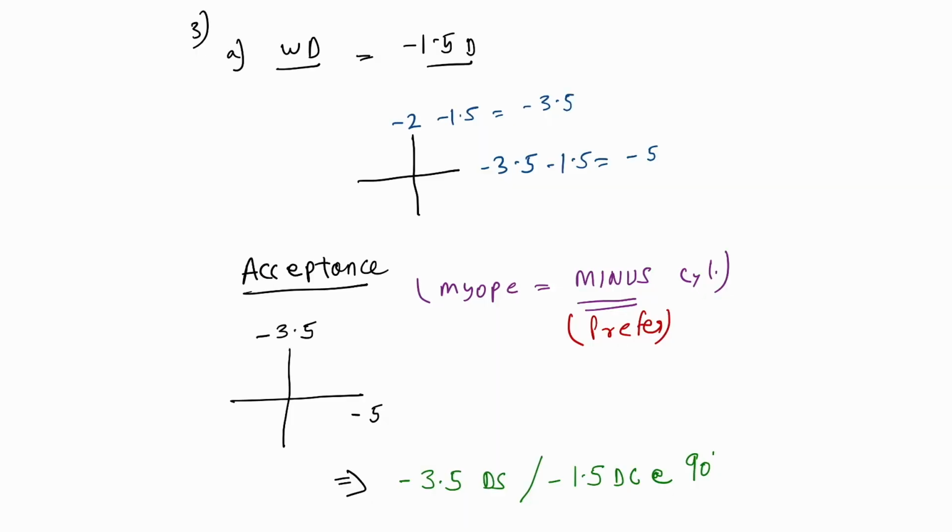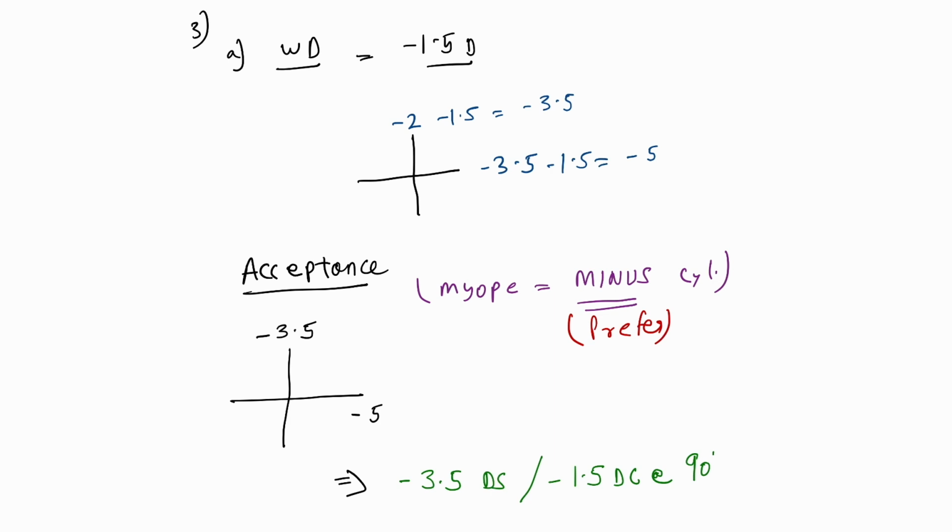First we make our power cross and calculate the working distance. Working distance 2 by third, we need to subtract 1.5. So from both axes we subtract 1.5, 1.5. So it is minus 3.5 in vertical and minus 5 in horizontal. So the patient is myopic, and a myopic patient prefers the minus form.